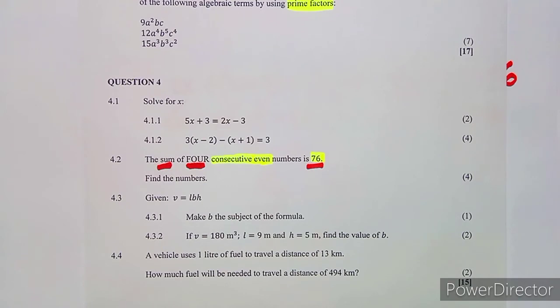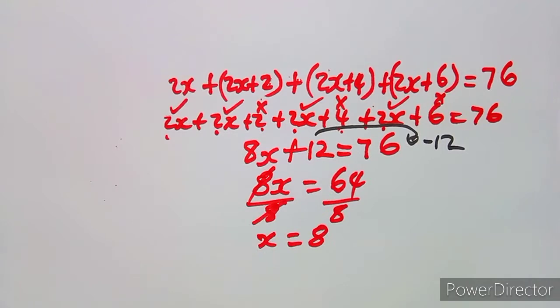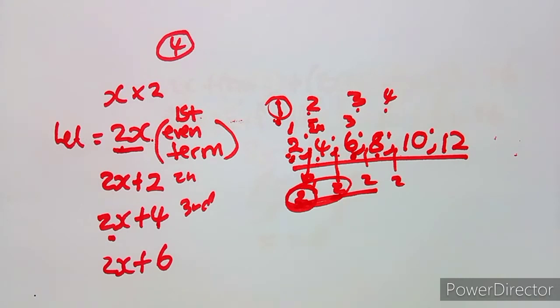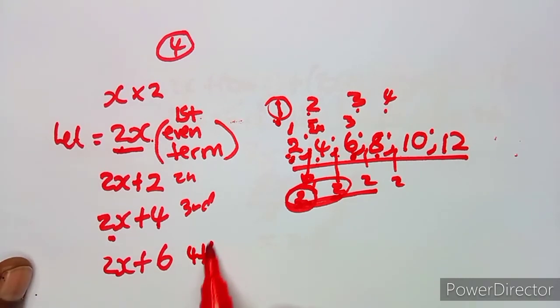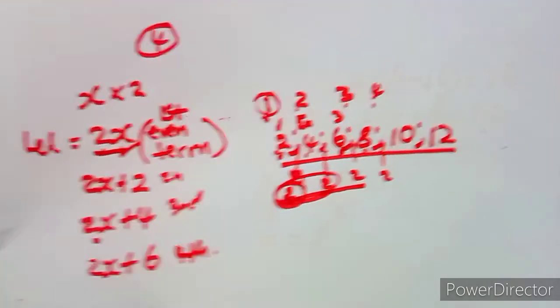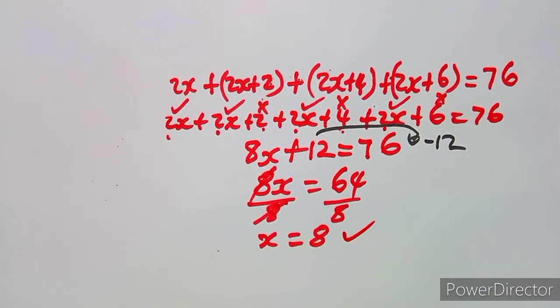So what are the numbers that we added to obtain 76? Which numbers are we talking about? Okay, remember we listed here the first term, the second term, the third term, and also here the fourth term. So we are just going to find the numbers now by substituting x. All right, so our x is 8.